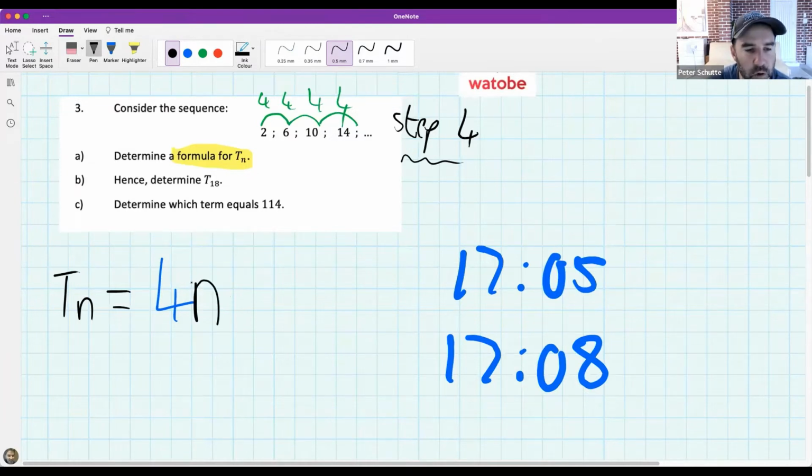Okay, and then talk me through how you knew to take away 2. What did you look at? I looked at the constant difference number, which is 4, and I saw the first number of the sequence, which is 2, and I needed to get to 2 in order for me to continue the sequence. You're pretty much right, except you always actually look at what you would get as your first term at the moment.